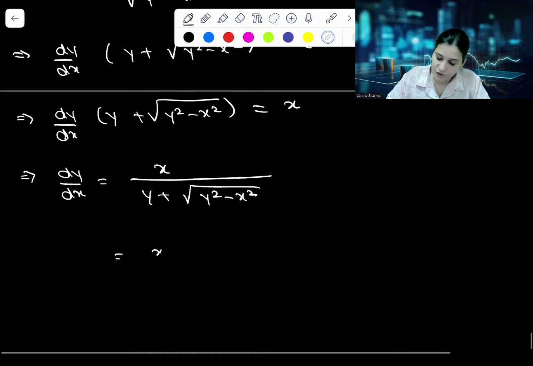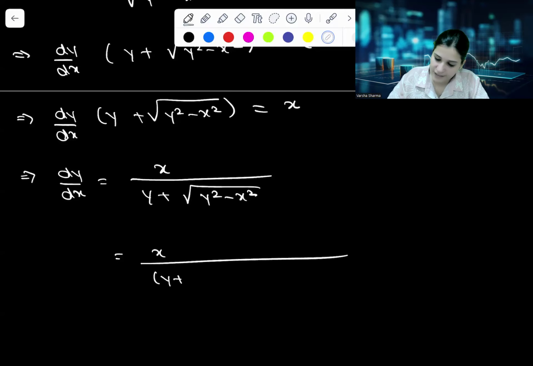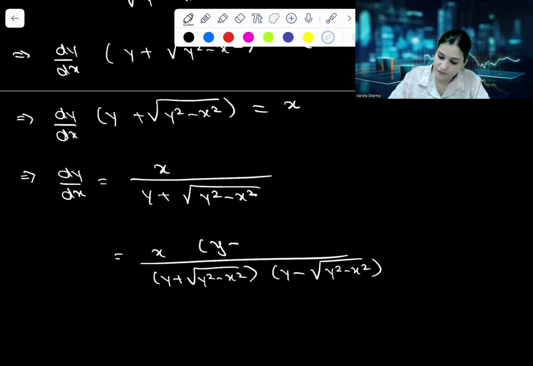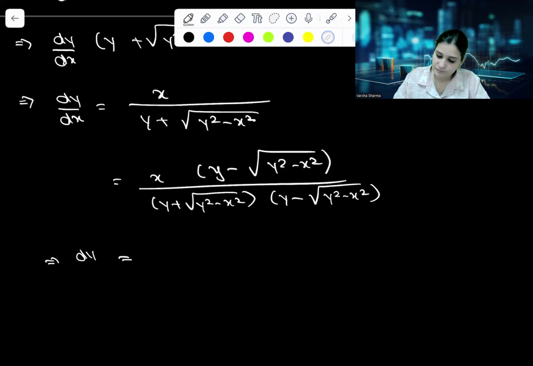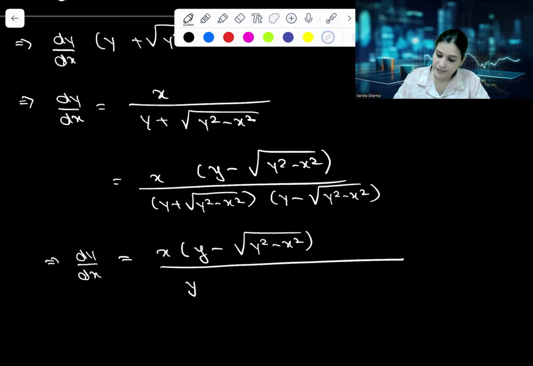So in the denominator, we have a plus b, multiplying it by a minus b. Similarly, in the numerator also a minus b. Numerator remains as it is. Denominator a square minus b square.